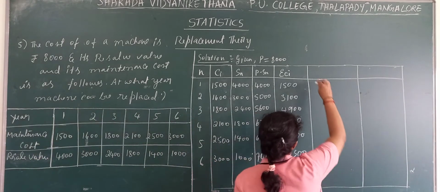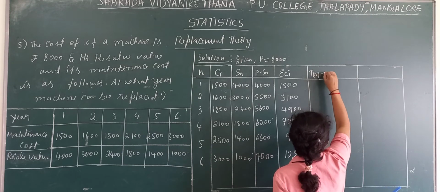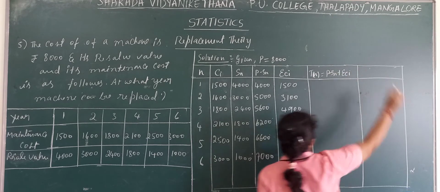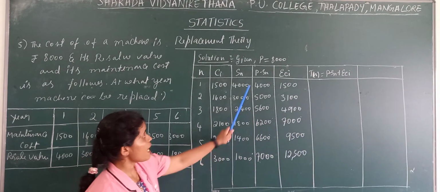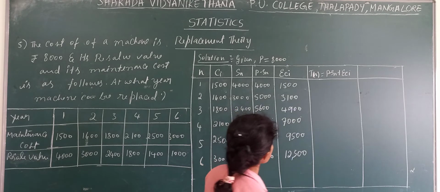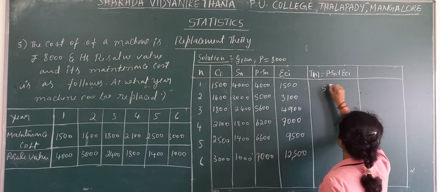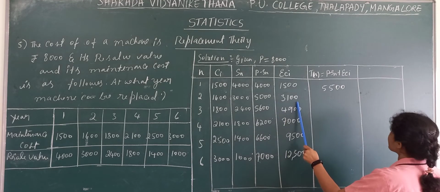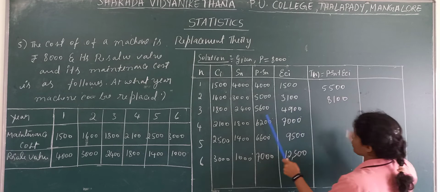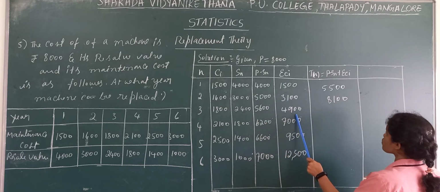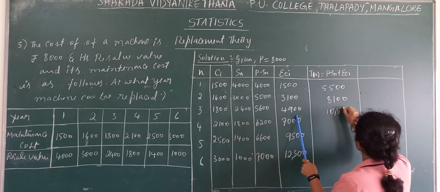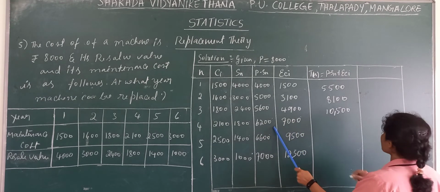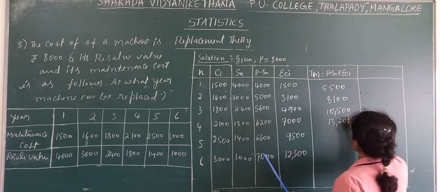Then we need to find out total cost. What is that total cost? P minus Sn plus sigma Ci. Add these two columns. 4,000 plus 1,500, that is 5,500. 5,000 plus 3,100, that is 8,100. 5,600 plus 4,900, 10,500. 6,200 plus 7,000, we get 13,200.